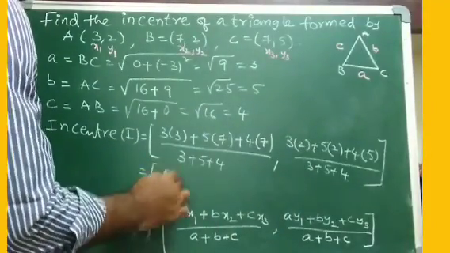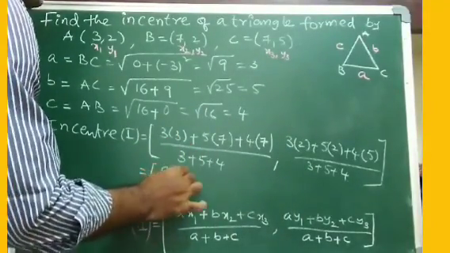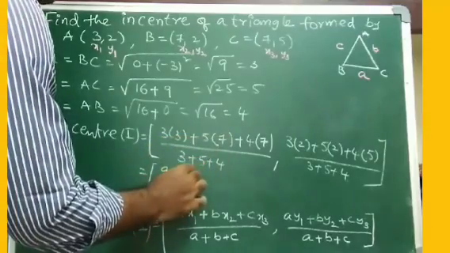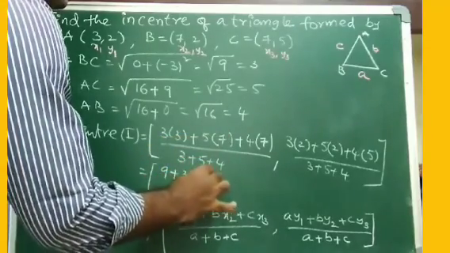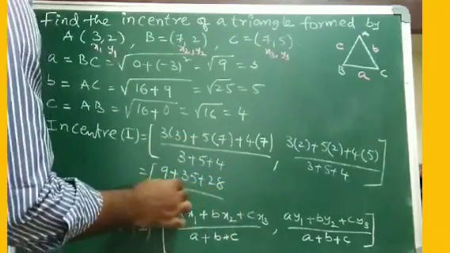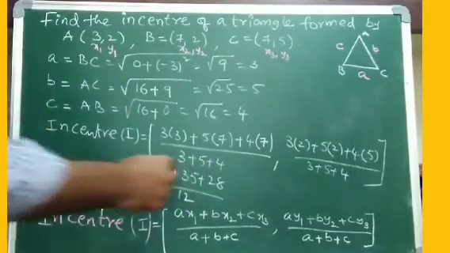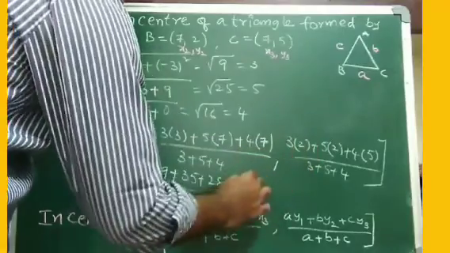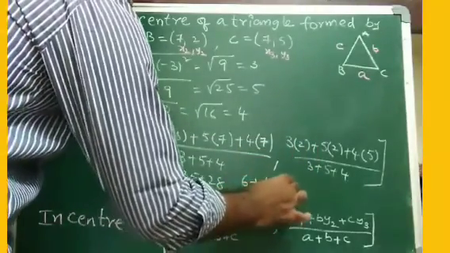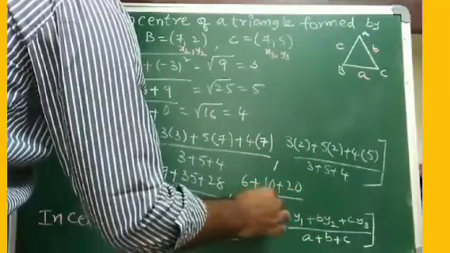Now this is 9 plus 35 plus 28, entirely divided by 9 plus 3, which is 12, comma, and coming to the y coordinate, 6 plus 10 plus 20 by 12.